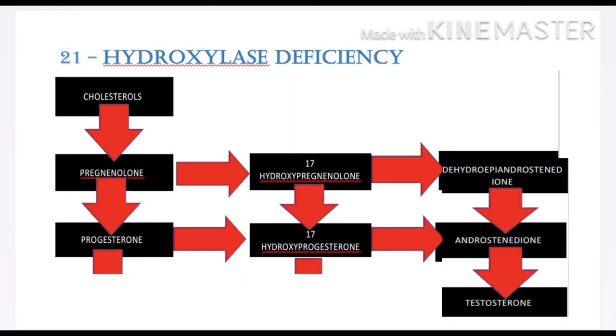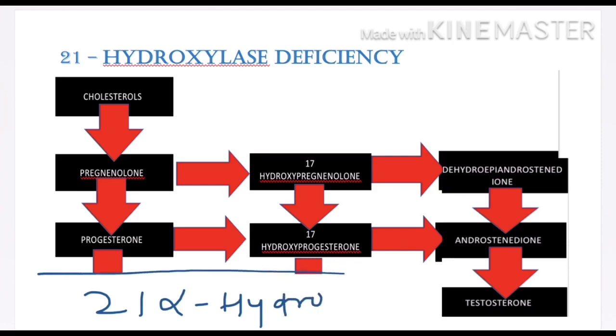Now we will learn about deficiency of 21 hydroxylase enzyme. If there is 21 hydroxylase deficiency, this step is blocked, since 21 alpha hydroxylase enzyme is required here. So all the precursors get diverted this way.